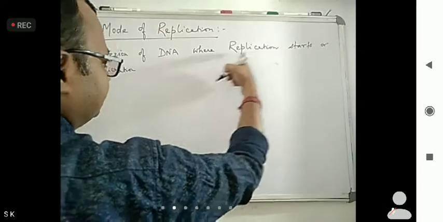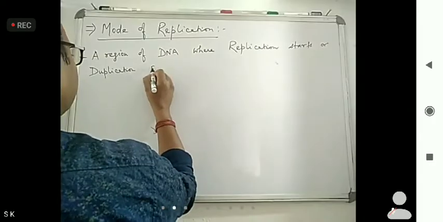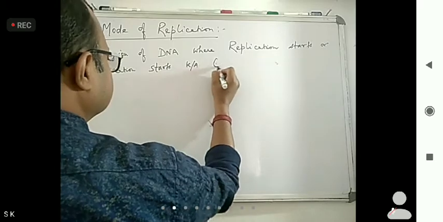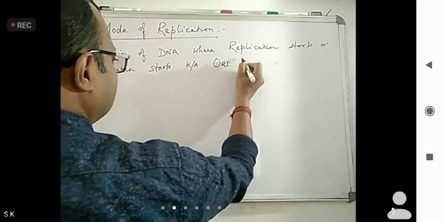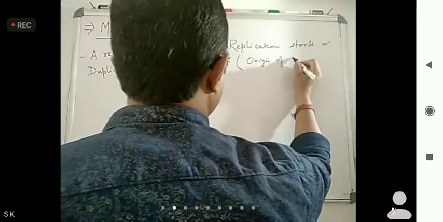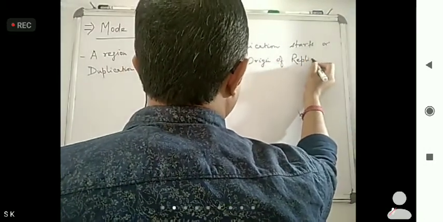So a region of DNA where replication starts or duplication starts is known as ORI, and the full form is origin of replication.